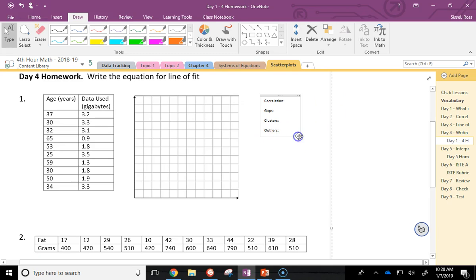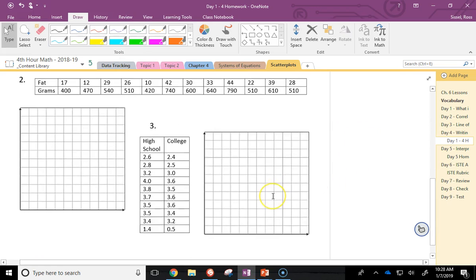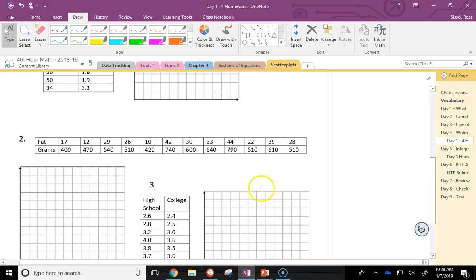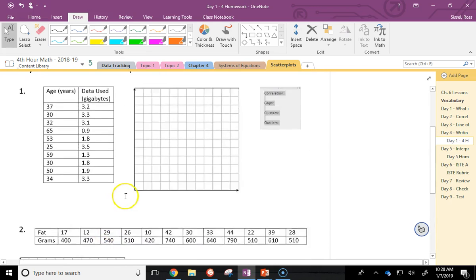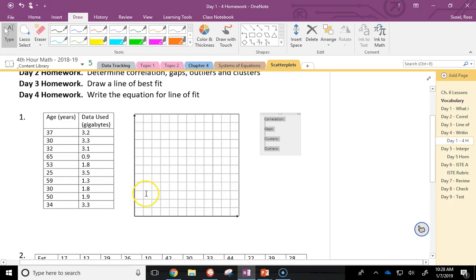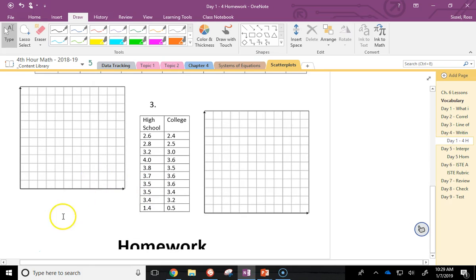You will do this. You're going to do it on each one of these. So for number one, your homework, the scatter plot you made, you need to look at number one's homework that you did the scatter plot for. Identify the correlation, the gap, the clusters, the outlier. You go to number two.